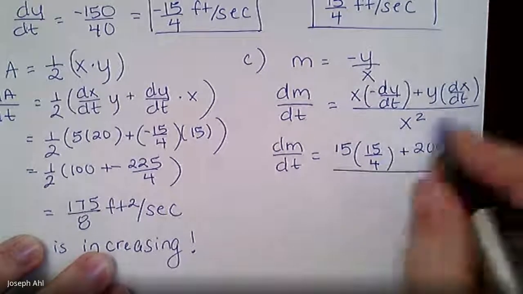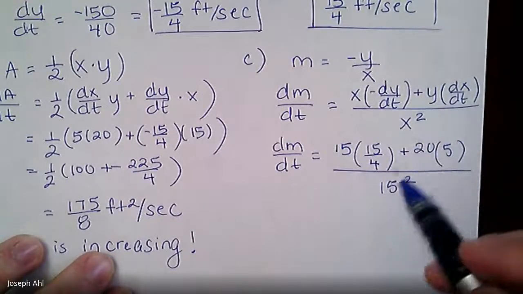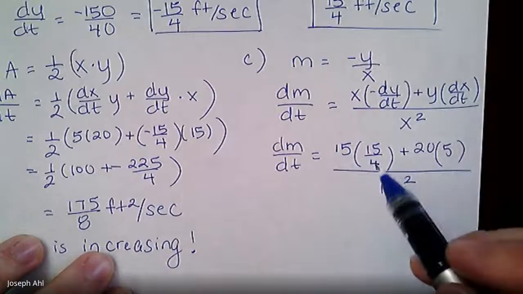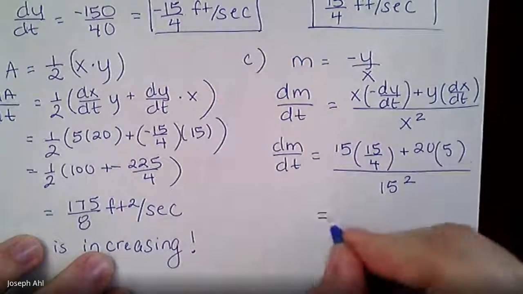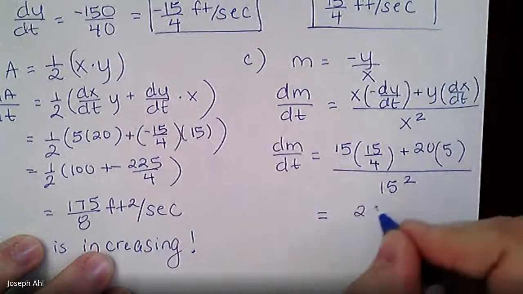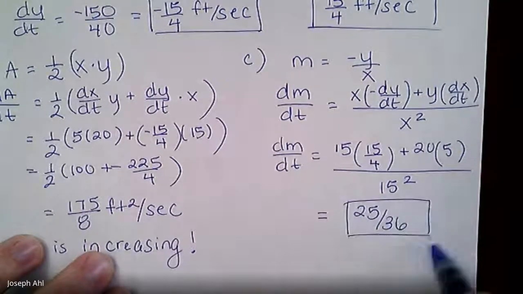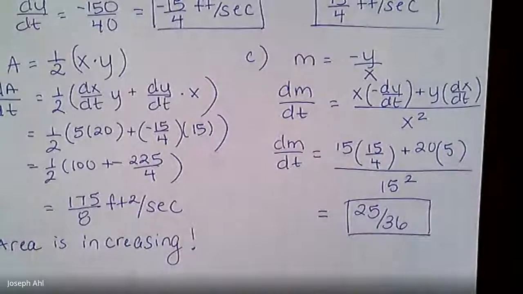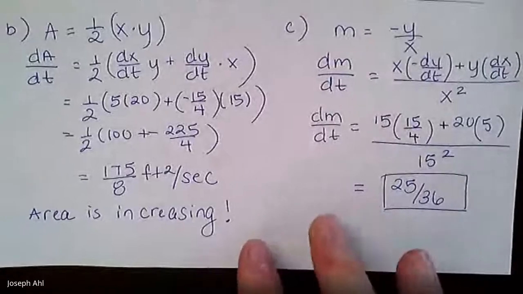Plug those in, and when x is 15, the bottom is 15 squared. You can do as much algebra as you want to clean this up. It's a complex fraction, so if you want to multiply top and bottom by 4 to clean it up, in the end, once you're done simplifying, you get that the rate at which the slope is changing is 25/36.